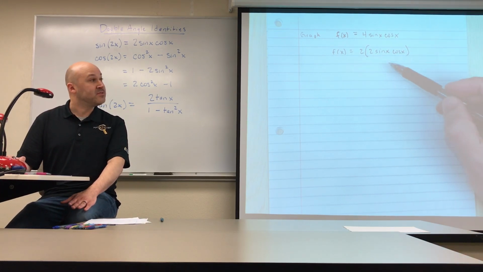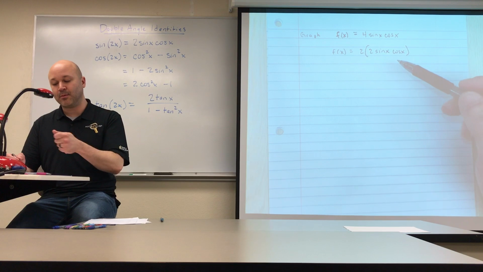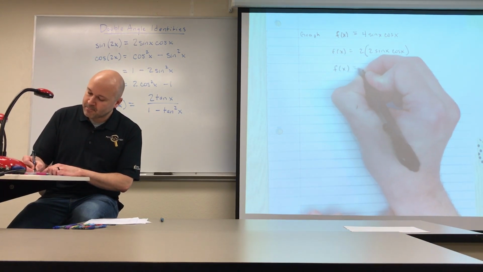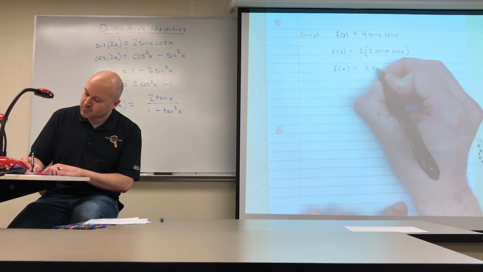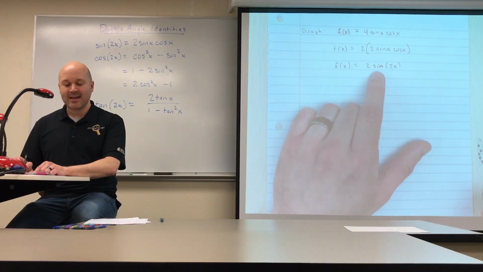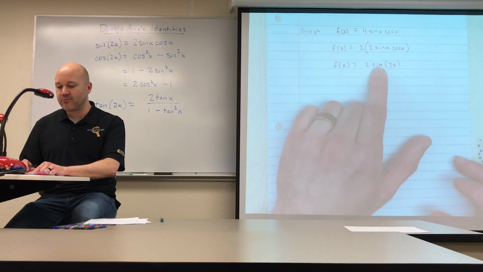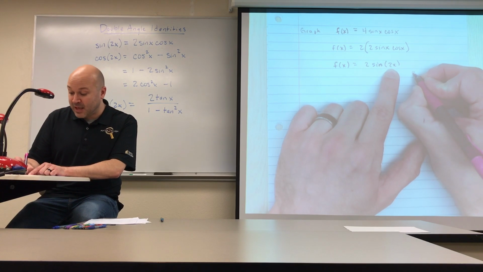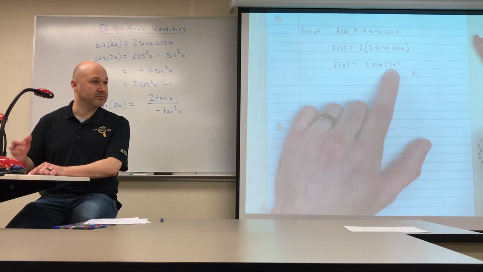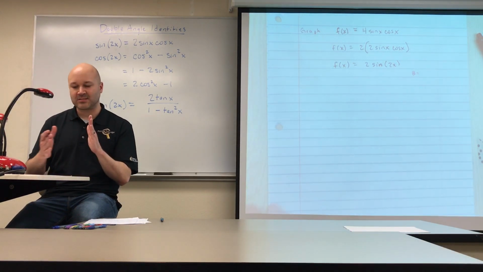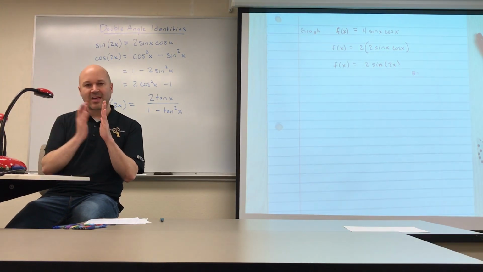What I've got inside the parentheses is simply sine's double angle. I'm going to replace that. Oh yeah, now this is just a regular sine graph with two transformations. I've got a b, or a horizontal dilation of 2, which means I'm going to go twice as fast, or I'm going to scale those x values by 1/2.